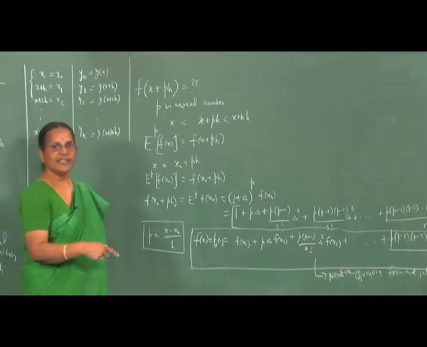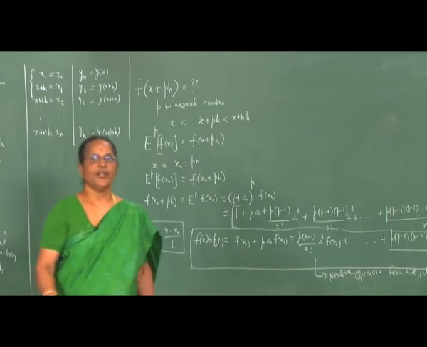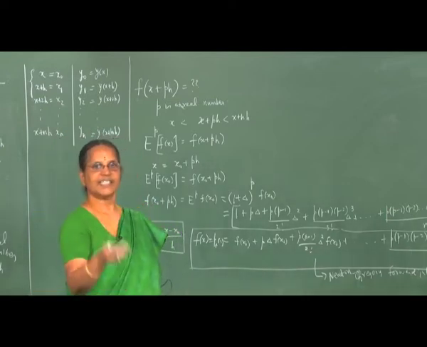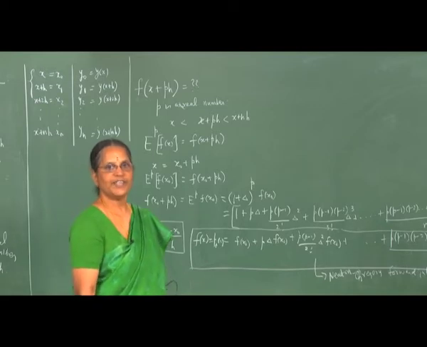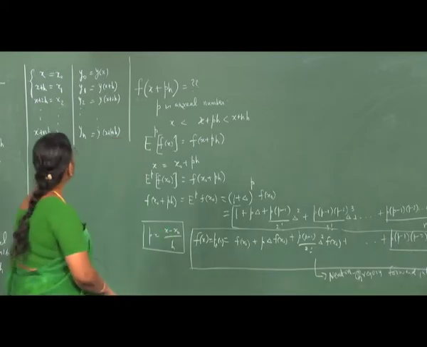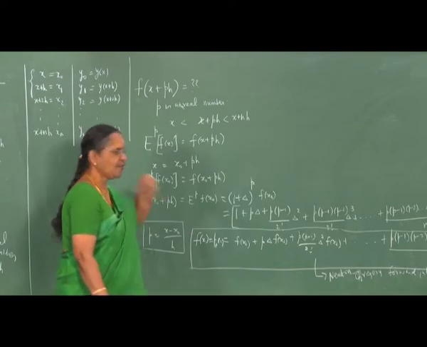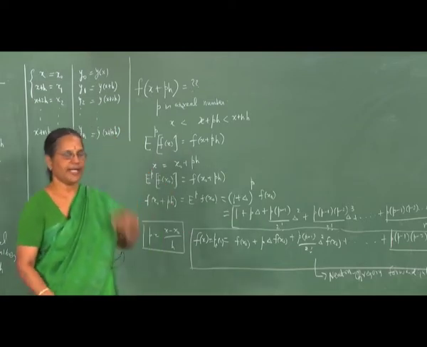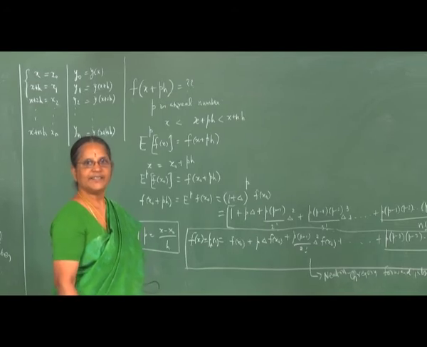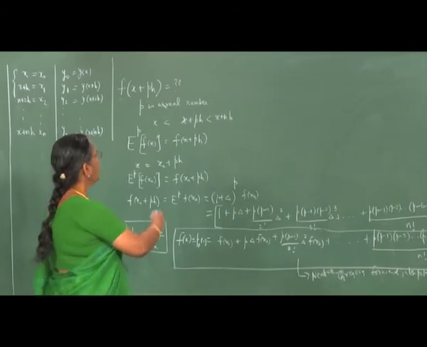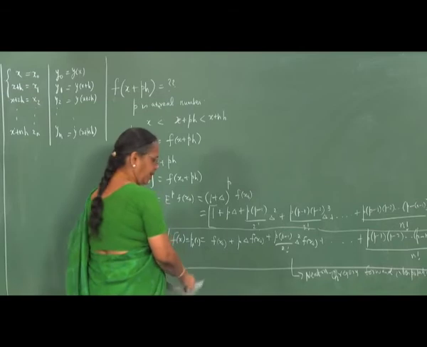Hence, if you want the value of the function at some x which lies very close to the beginning of the table, then you can make use of this forward interpolation polynomial. So, let us take an example and see how we can obtain such a polynomial.